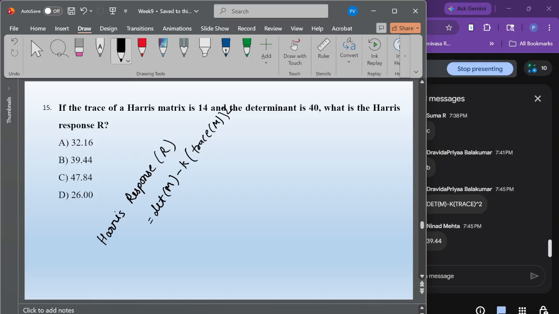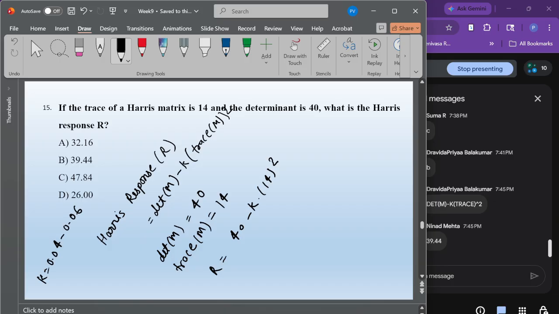Already told. So here the determinant of the Harris matrix is given as 40 and the trace of the Harris matrix is given as 14. So just put it in this equation: 40 minus K into 14 whole squared. K varies from 0.04 to 0.06, so first we will take K equal to 0.04.